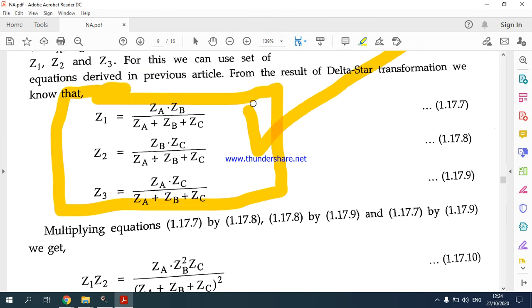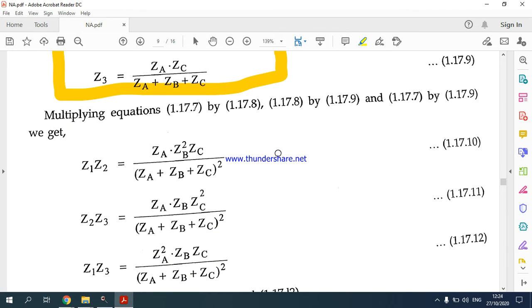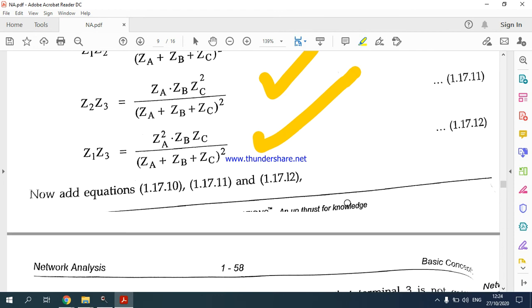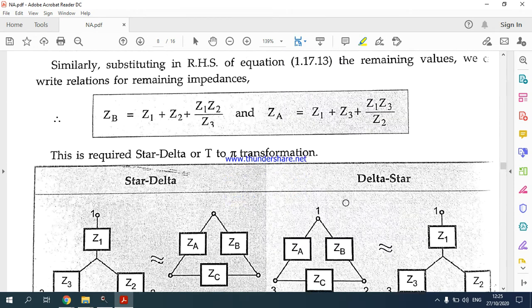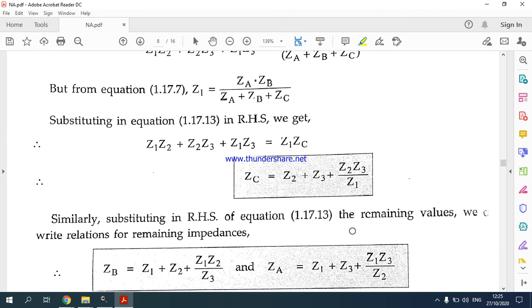Next, from these expressions, I want to get expression for conversion of star to delta. How can I convert star to delta? Here they have given one simple derivation. You all just go through this derivation. Just I will analyze the derivation's result. If you want to get ZC, Z2 plus Z3 plus Z2 into Z3 divided by Z1.